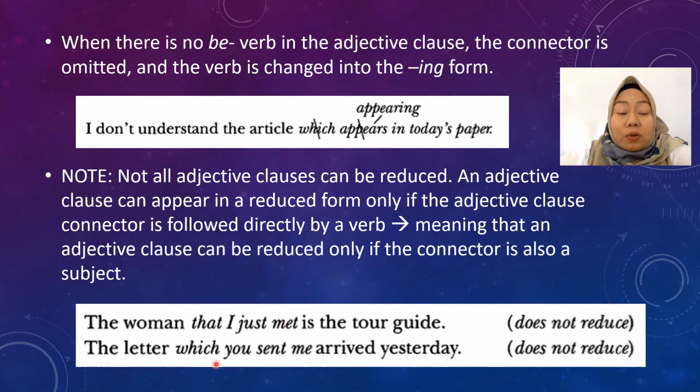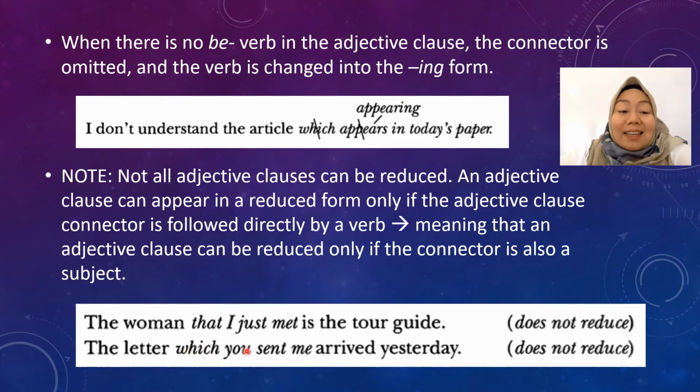This one also: the letter which you sent me arrived yesterday. Which you sent me is an adjective clause modifying the noun letter, right? But after the adjective clause connector, we have the subject you.